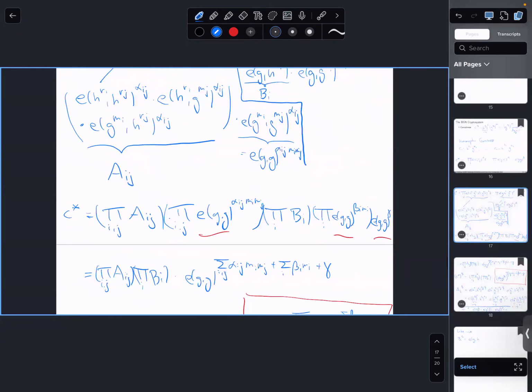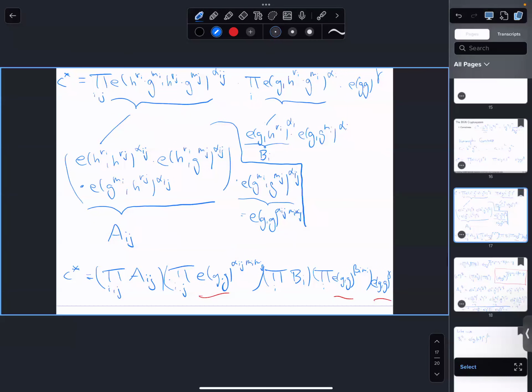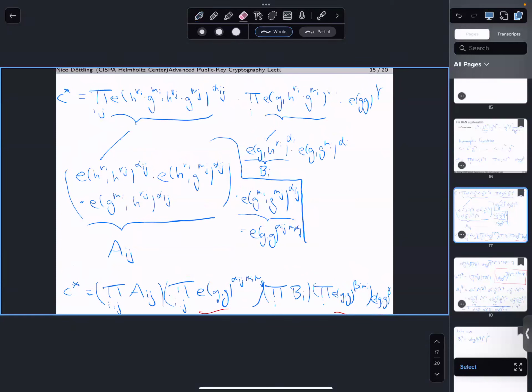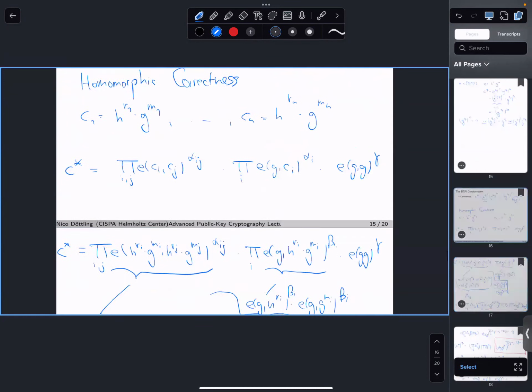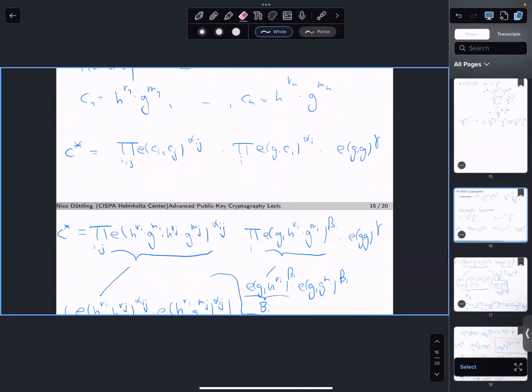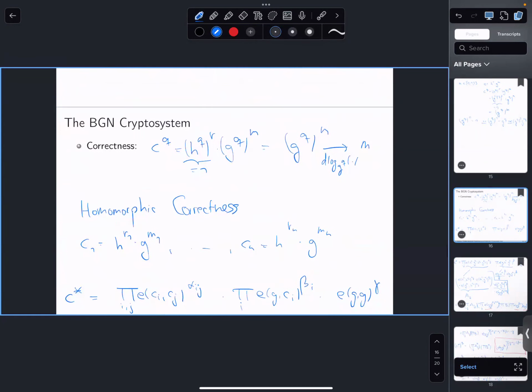Did we have the beta_i here? Oh no, why did I call it alpha_i? It should be beta_i. Let's hope I called it beta_i. No, I also called it alpha_i up here. It should be beta_i. I think now we're good.